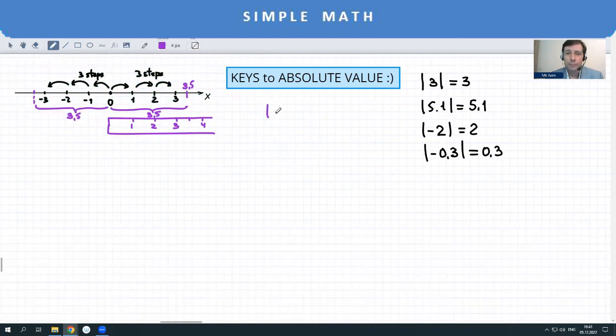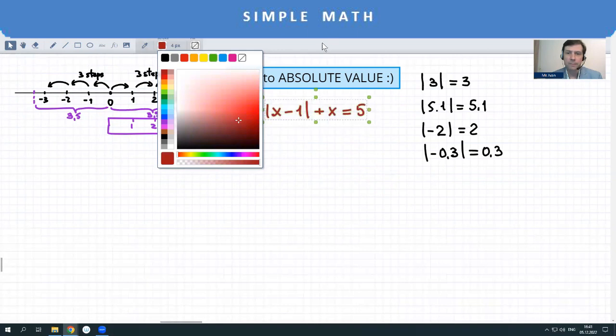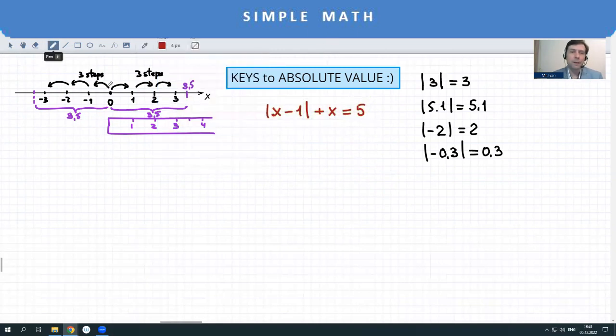If I have, for example, x minus 1 plus x is equal to 5. Not so easy to say what is the answer to this problem, yeah? What's the root of this equation? Let me probably make it like this, big different column.